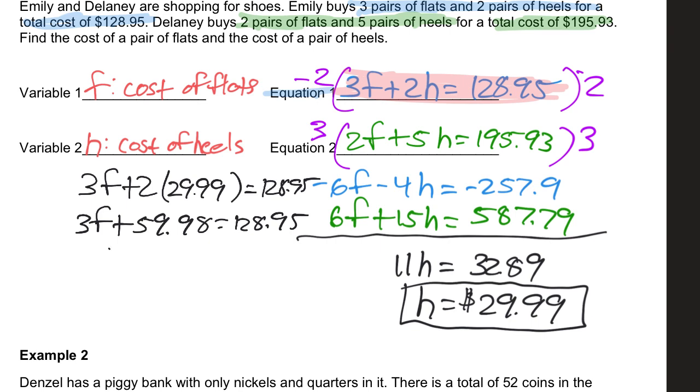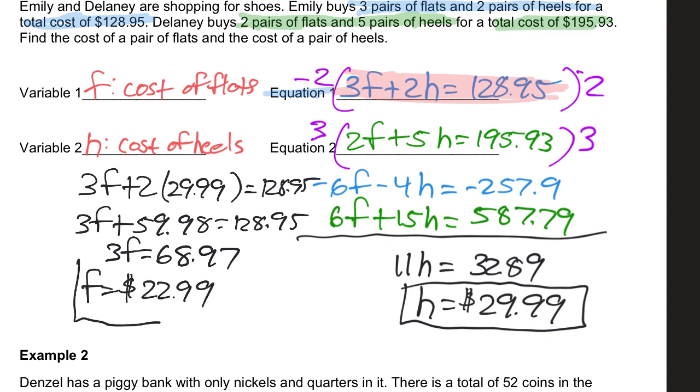When I subtract, I get 3f equals 68.97. And then when I divide, I get my flats are equal to, put my unit in here, $22.99. There we go. There's example 1. And now we're going to move on to example 2, which is our last example for the notes today.